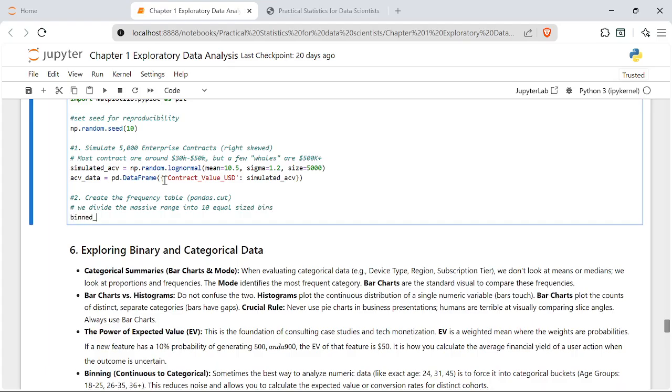Bin revenue equals pd.cut(ACV_data contract value USD, bins=10).